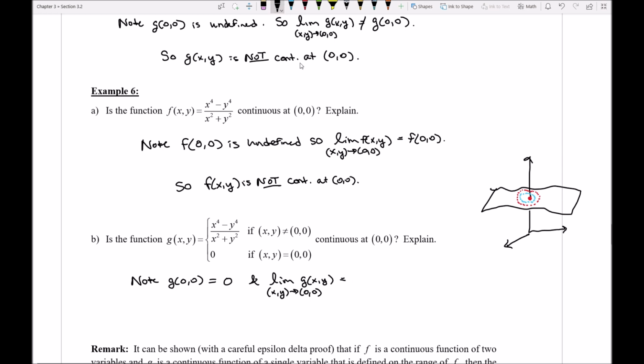So if that's what I'm doing, then when I take my limit here, the circles that I'm using are going to be existing on this top portion of the function, because the points on the circle are all not at (0,0). They're all other places. So the z coordinates for those points on the circle are calculated using this other formula.